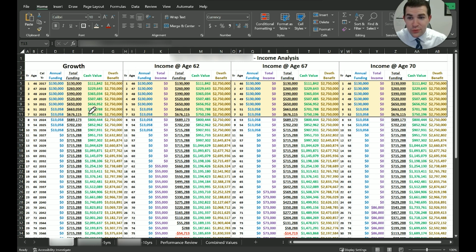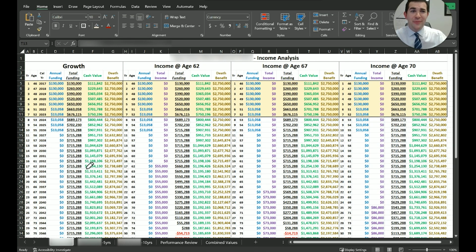If we look at last year, for example, the beginning of the year, or the year prior, I should say, you were at 701. You paid your $13,000 premium, and then the cash value grew to 750. Now, of that growth, it's about 50 grand, a little bit less. 13,000 of it is your out-of-pocket that contributes to the growth, but then everything else is the compounding from the insurance company.